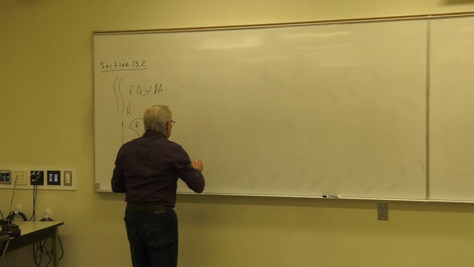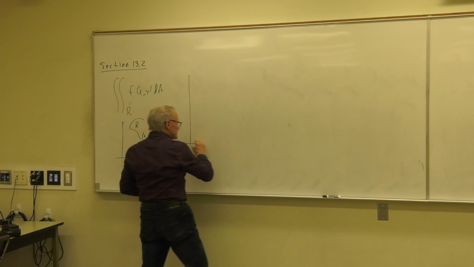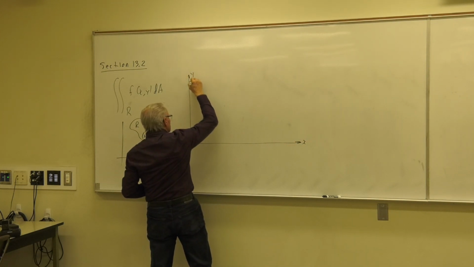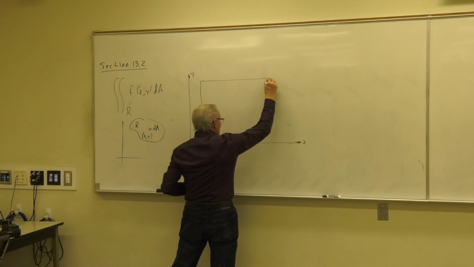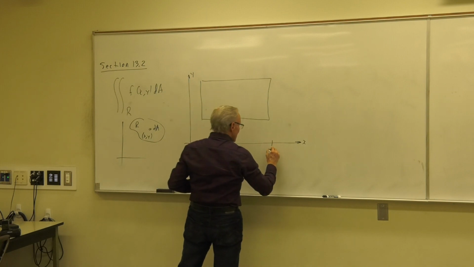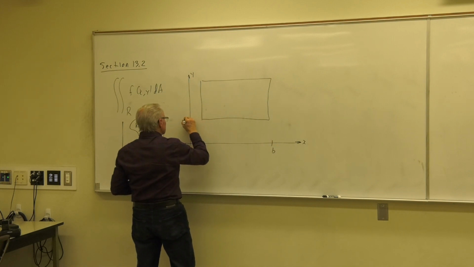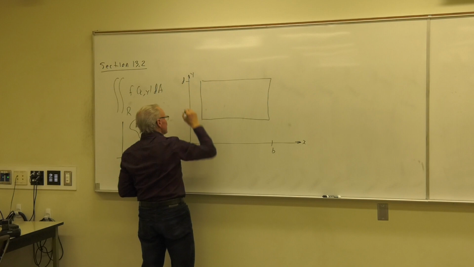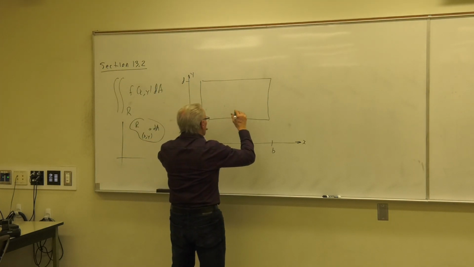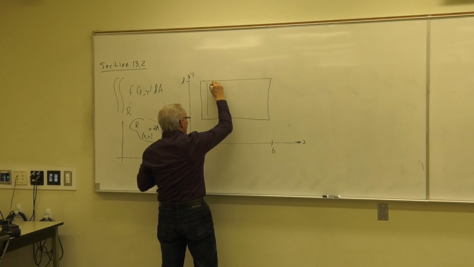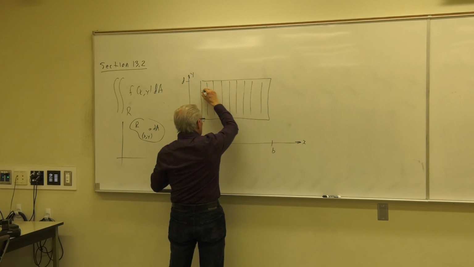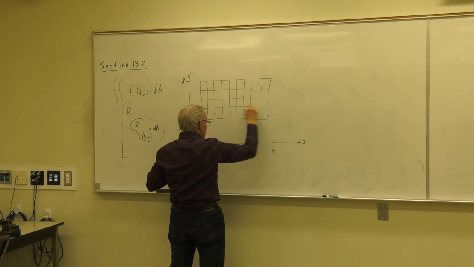What the book does, I'm not going to talk about all of it. It starts with a rectangle that looks like this. This is A, this is B, this is C, and this is D. It divides up this rectangle into a whole bunch of smaller rectangles by drawing vertical lines and horizontal lines.